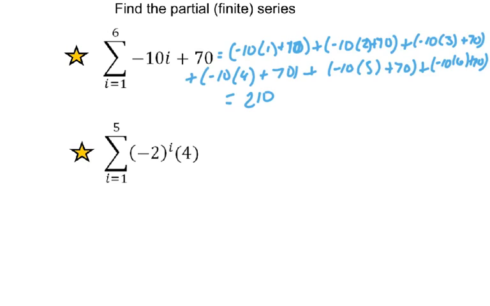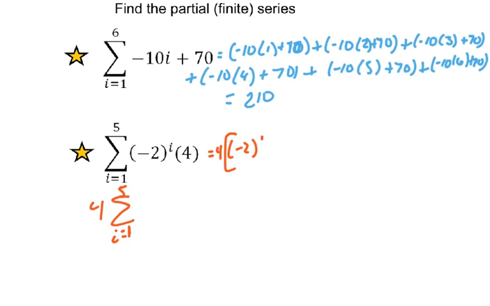Our next example is an exponential example. We have negative 2 to a power, so first is going to be to the first power. And actually, since every single one is going to be multiplied by 4, we can use the distributive property and pull that factor out. Again, we can only factor things out. We can't move constants away.